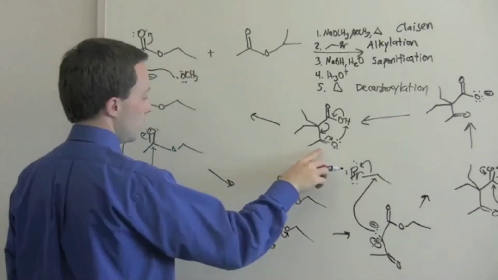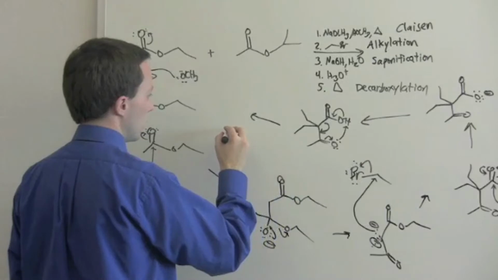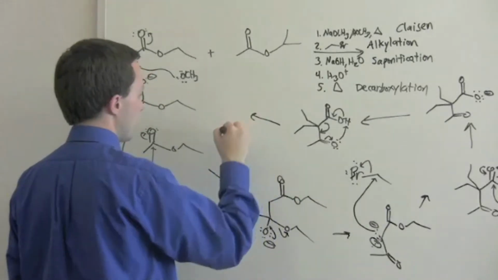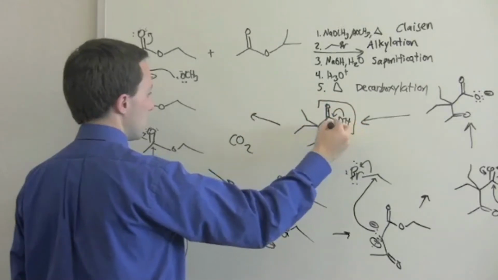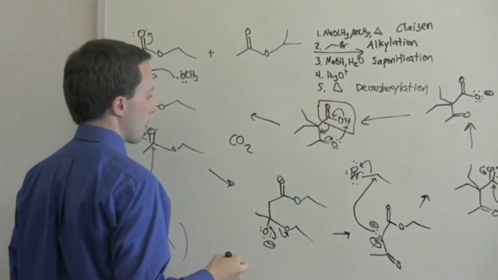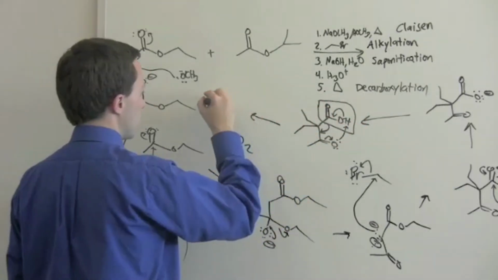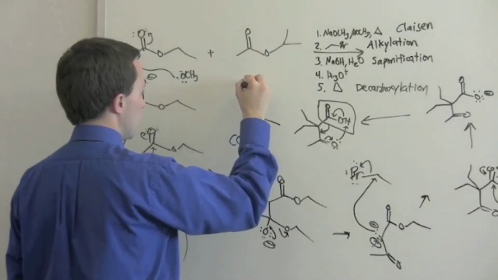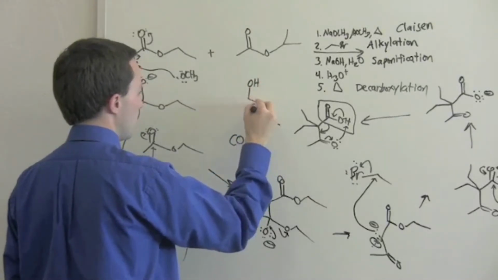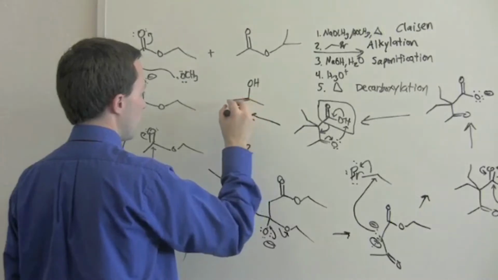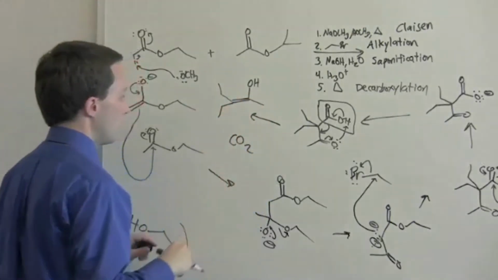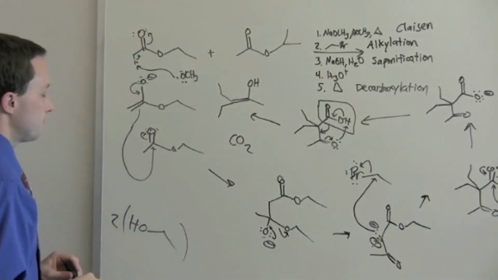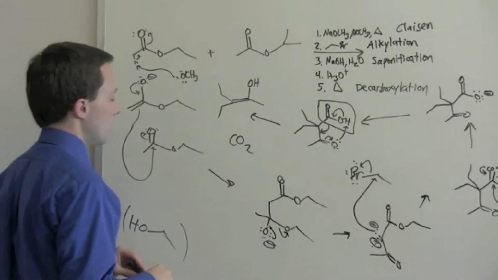And so now, if we look at this molecule, what's going to happen is we're going to have CO2 come off. That's this part right here. And then the rest of the molecule will remain. And we get that enolate. Or enol, I'm sorry.